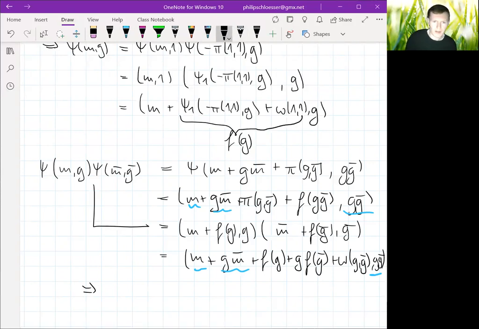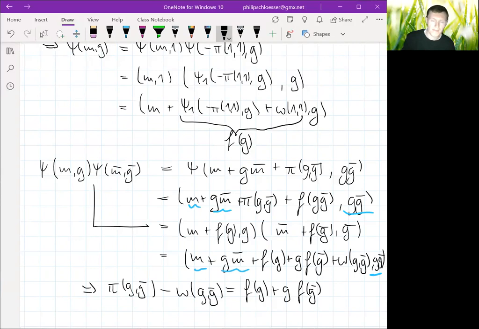So if we look at the rest, we find that pi g bar minus omega of g and g bar is equal to fg plus g times f of g prime minus f of g prime.